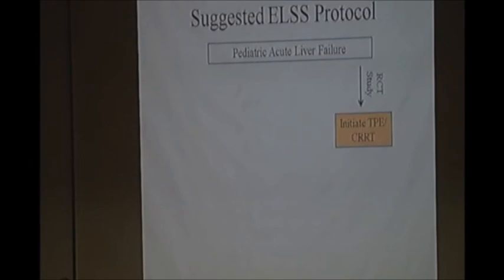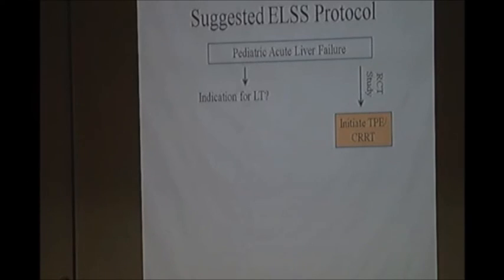So what would be my protocol for extracorporeal liver support systems? Everyone has a right to differ. If there is pediatric acute liver failure and we are doing a randomized controlled study, then yes, I would say initiate plasma exchange or CRRT based on the study protocol. That is absolutely valid.